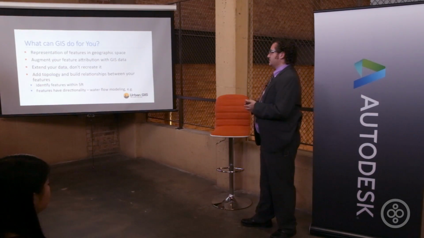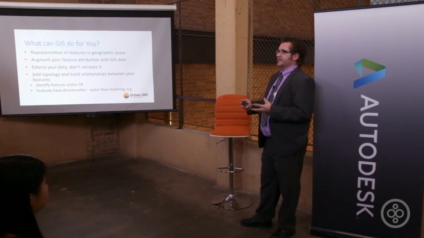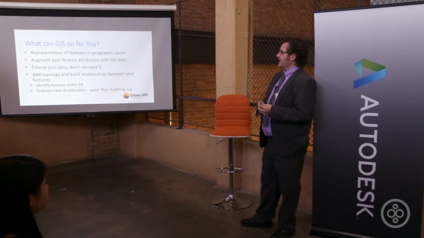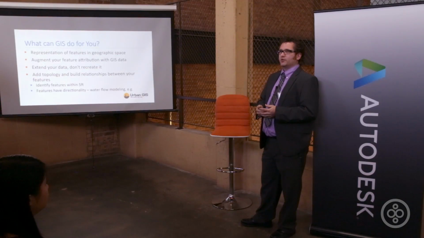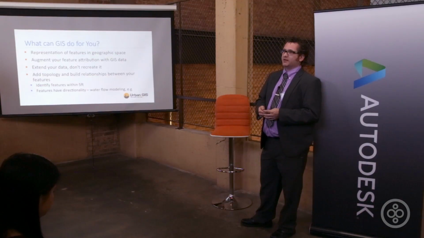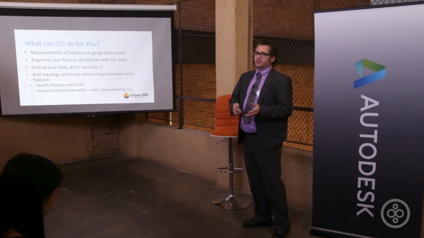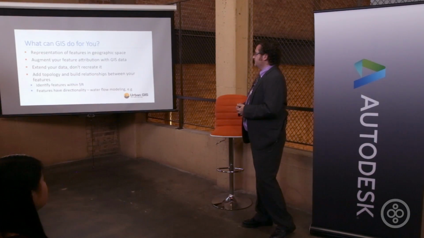But one that's perhaps most important is that we don't need to recreate data all the time. We can extend our data through these public data sets, and that may allow us a way to create new data that's accurate but less time consuming.